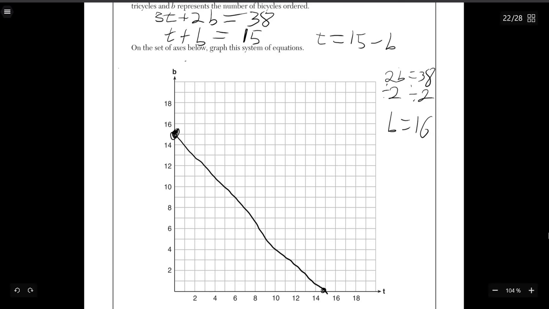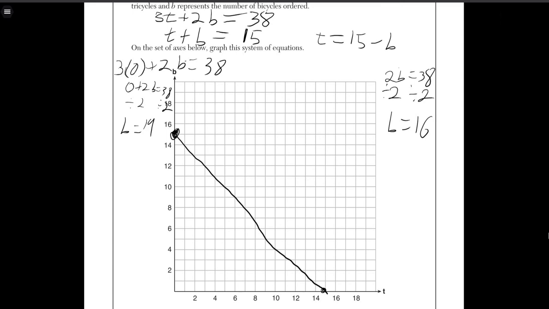Now let's start with this equation. Let's say t equals 0, so that would be 3 times 0 plus 2b equals 38. So this would be 0 plus 2b equals 38. Divide each side by 2, and you get b equals 19. So when t is 0, which would be all along here, b is going to be 19, which would be way up here.